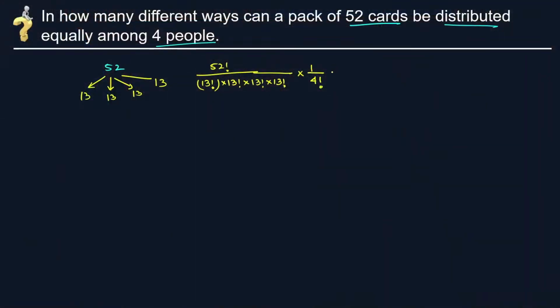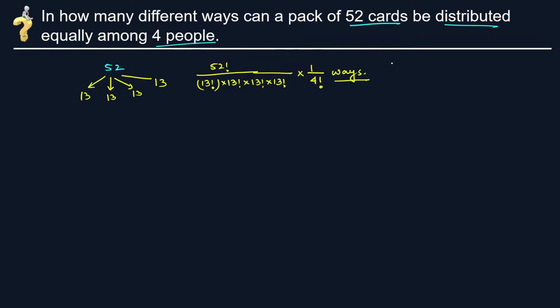That is, they are equally grouped. So that can be done in factorial 52 divided by factorial 13 four times, and since the 4 groups are of equal size, divided by factorial 4. That's it. So this is the total number of ways in which the 4 groups can be formed.